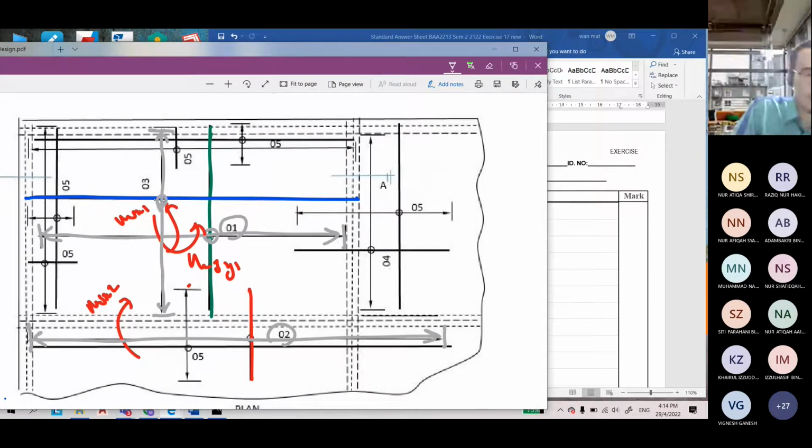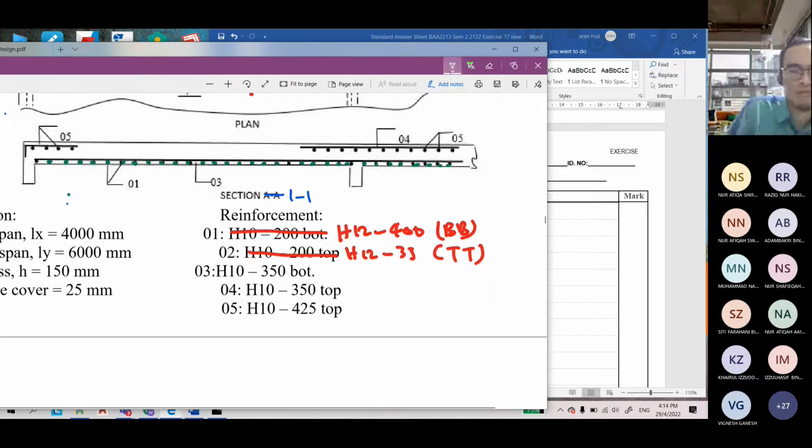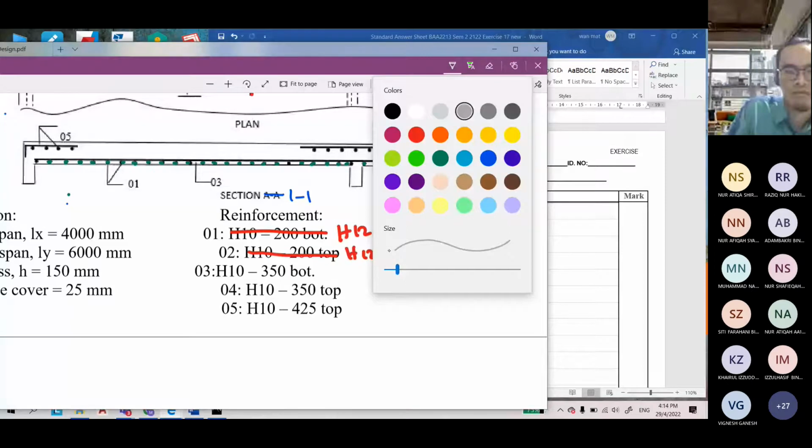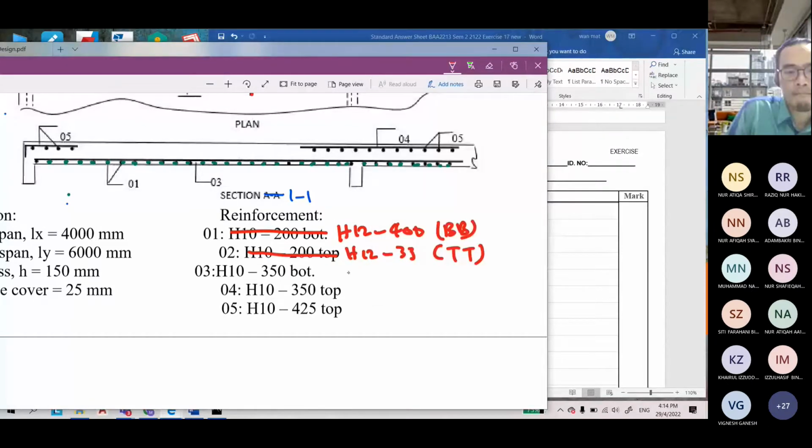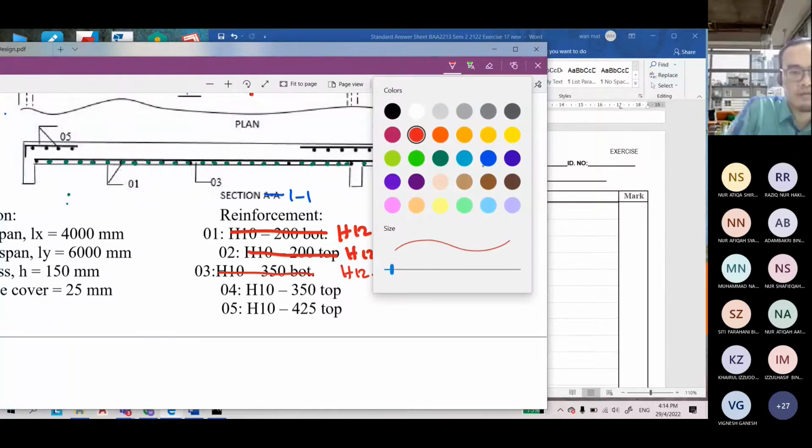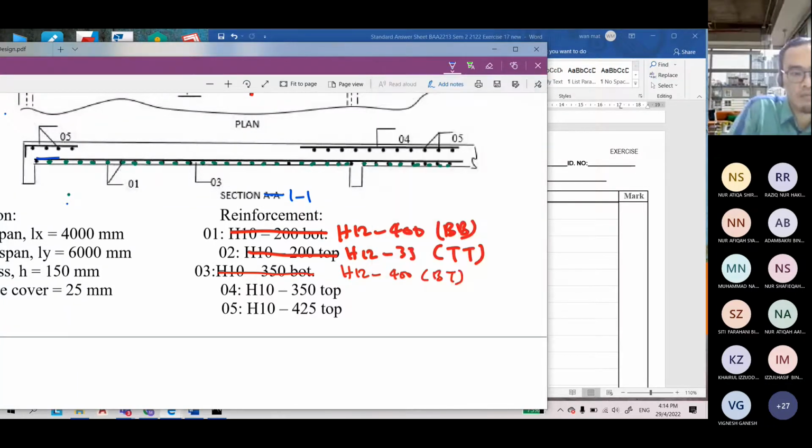And then you number it as number 03, and the detail here is 03 equal to H12 400 bottom. This is the meaning of bottom and top.